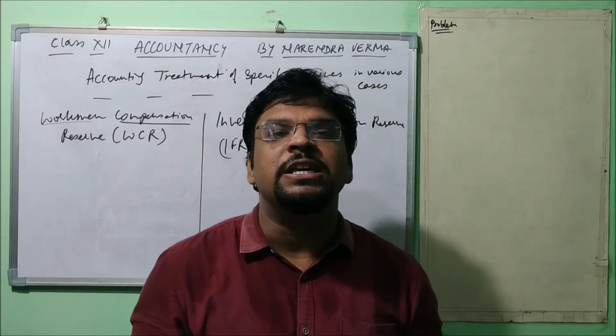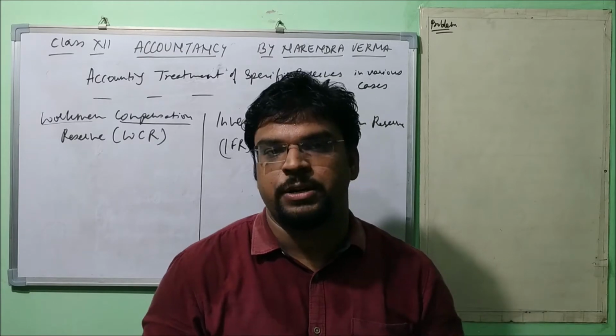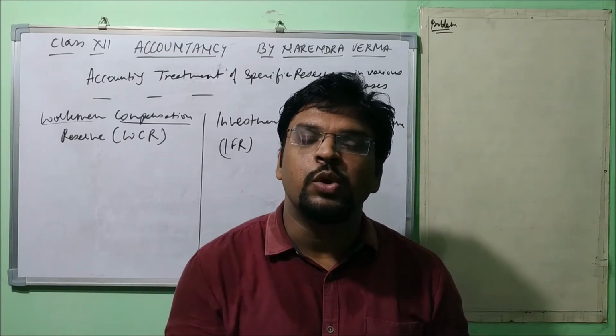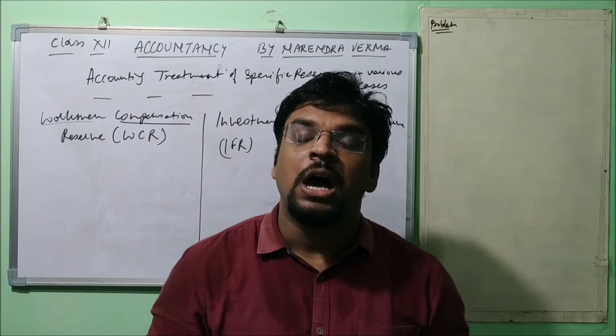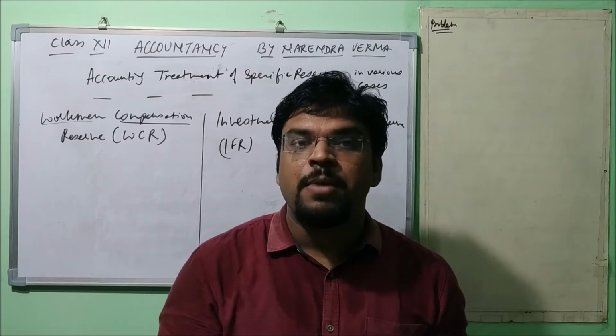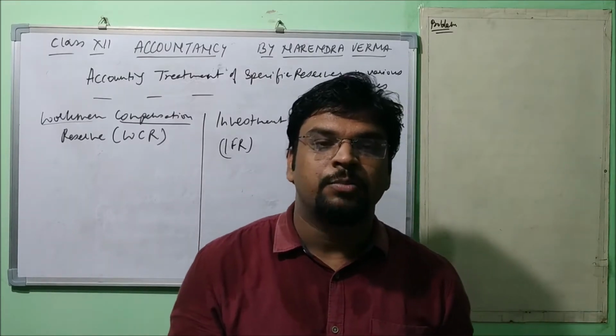Immediately he was hospitalized and his hand was operated. A lot of amount was needed, and he belonged to a very poor family. Now how will that amount come? The family members of that employee will definitely go to the owners, asking them to help out.